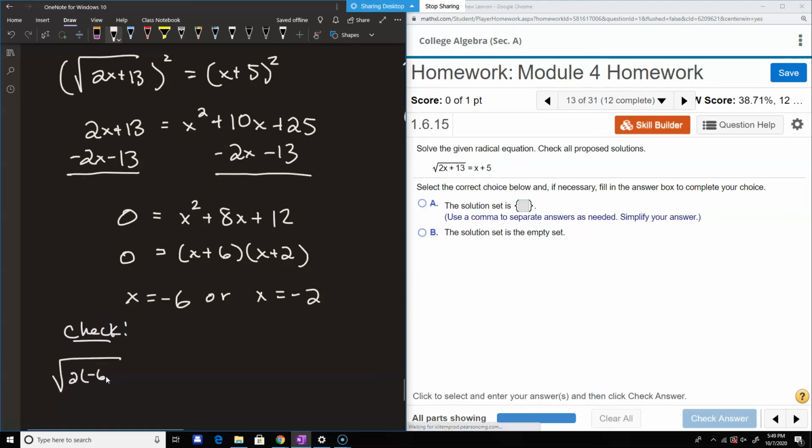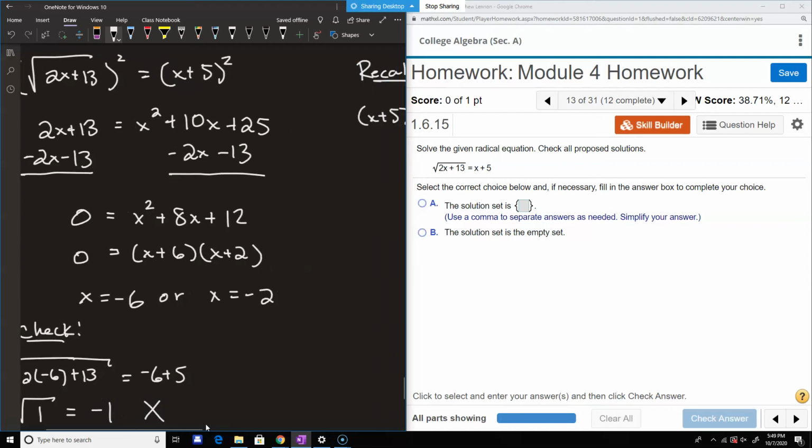The square root of 2 times negative 6 plus 13. Does that equal negative 6 plus 5? Well, you would have the square root of 1. Does that equal negative 1? It does not. So negative 6 is extraneous.